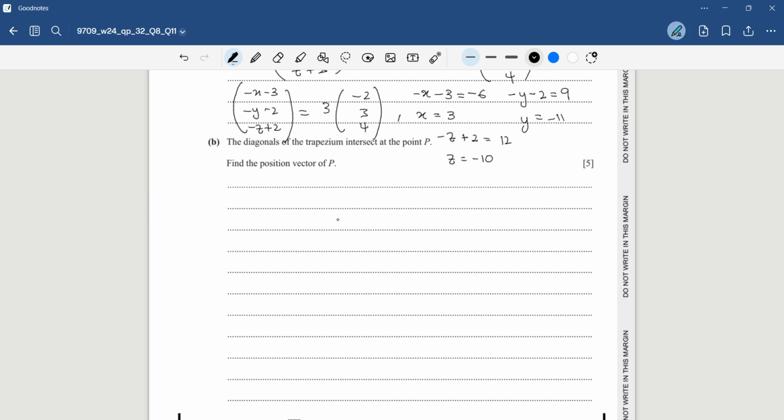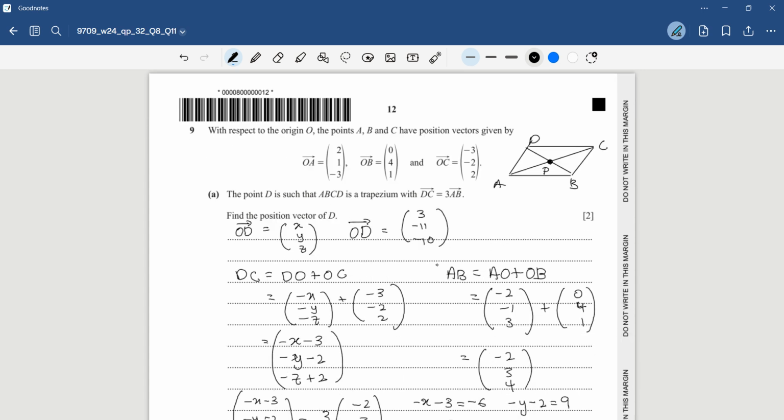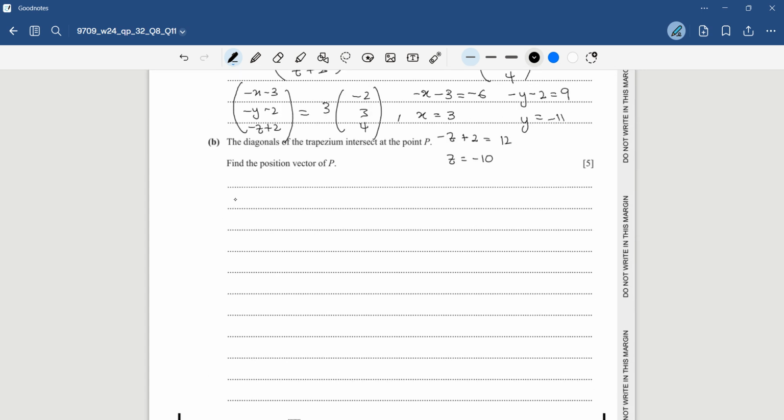So for this, we're going to find the equation of AC first. For AC, you find the vector direction of AC, which will be AO plus OC.